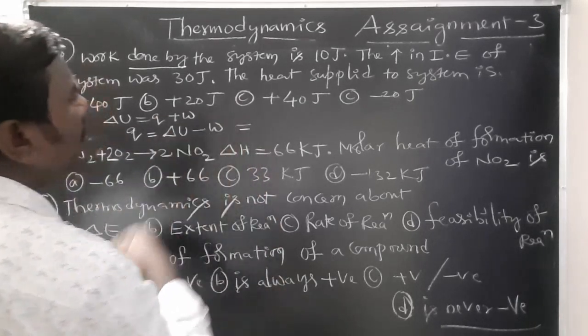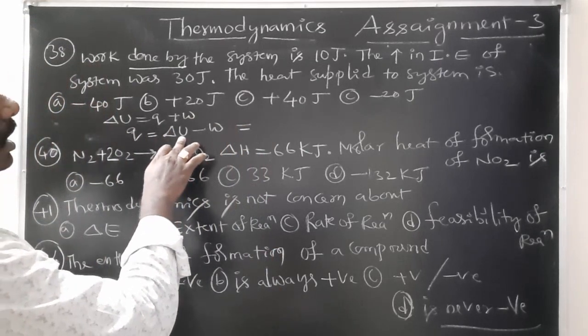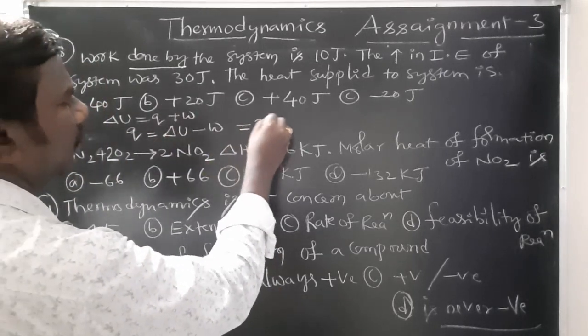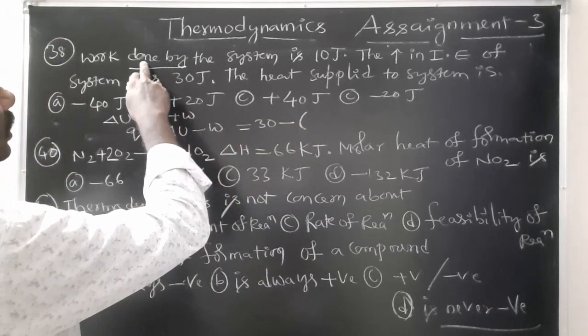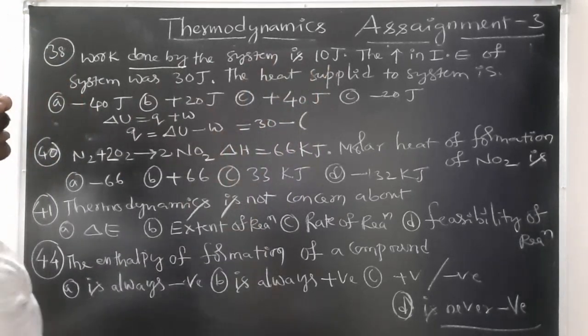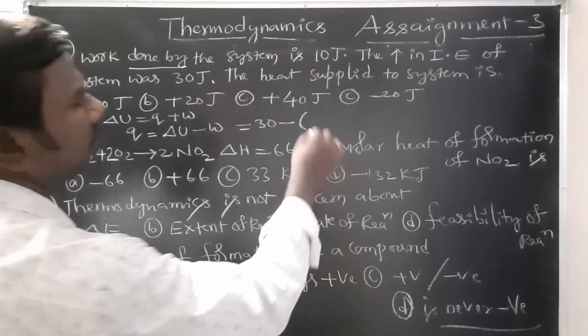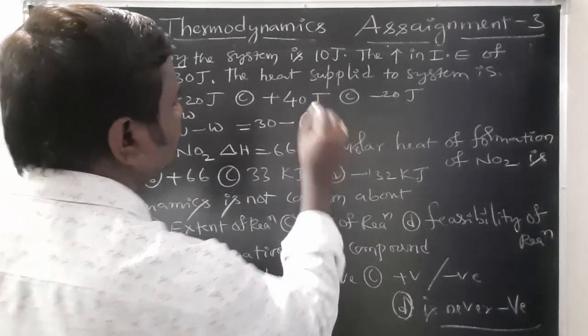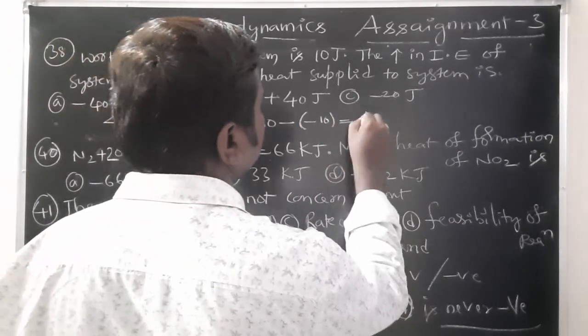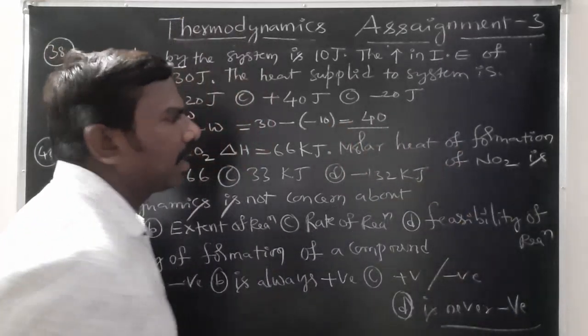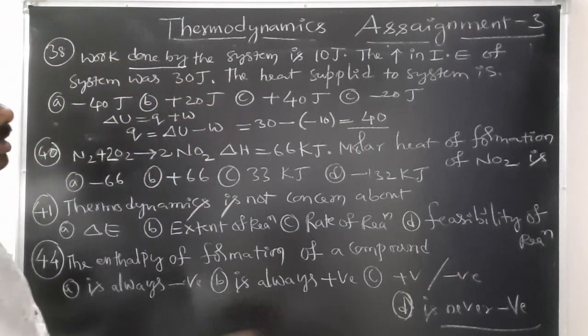Then delta U, the change in internal energy, is 30 joules minus, work done by the system is 10, that is minus 10 actually. Then totally 30 minus into minus plus, that is 40. So answer will be option C, correct, students.